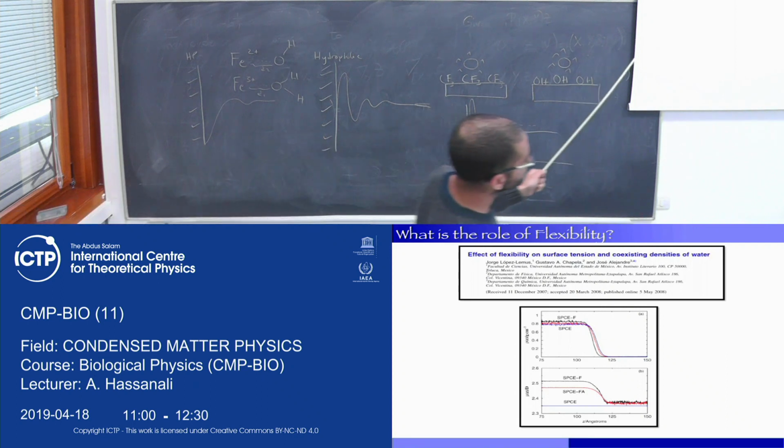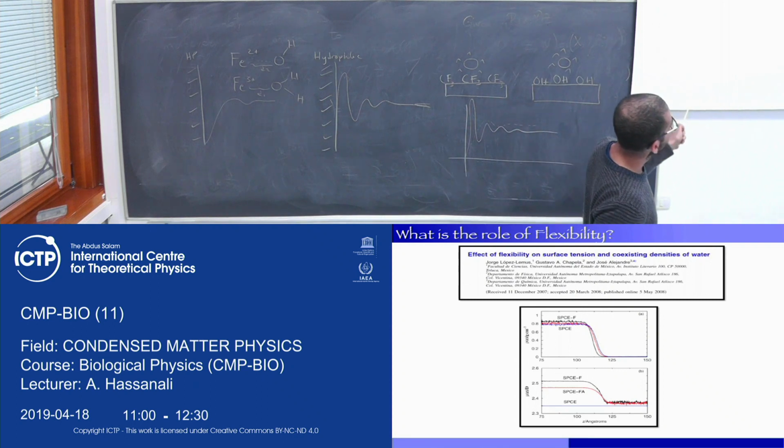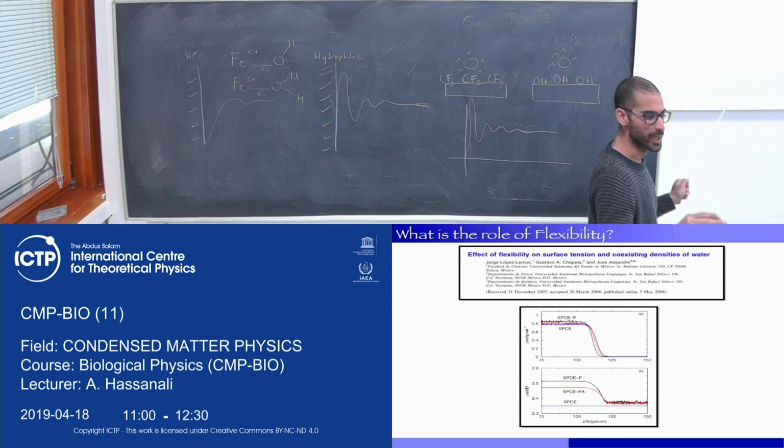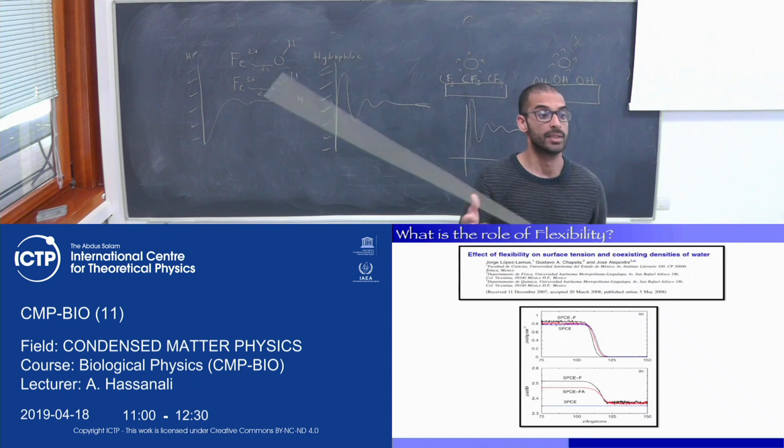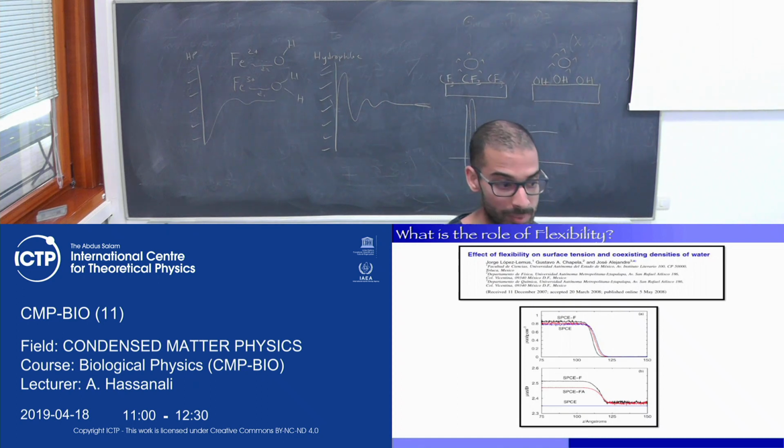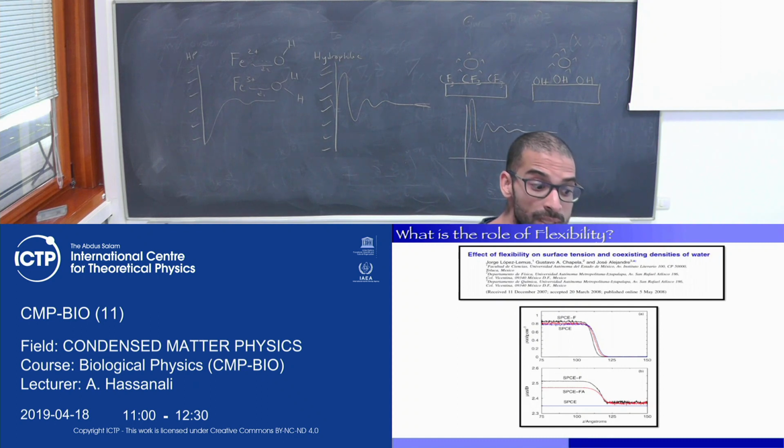Okay, so this is a study that shows how the density, the dipole, and also the surface tension change as a function of making the bonds flexible. We know that the OH vibrations are on the order of 3,000 wave numbers. The bending is on the order of 1,500 wave numbers. So in a rigid water, those modes are frozen. They're integrated out. We don't consider them. But in reality, those are high frequency modes that are real, and they should be there.